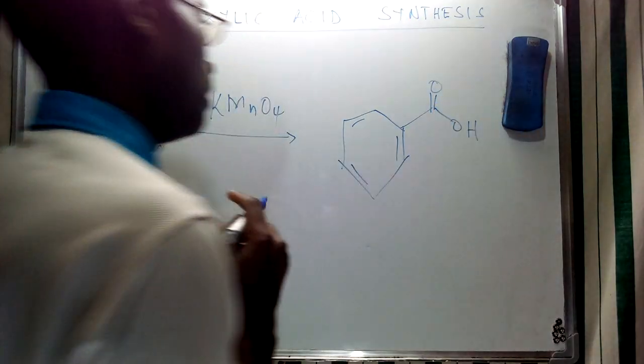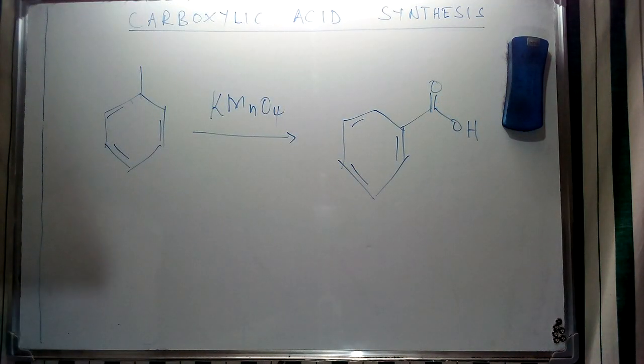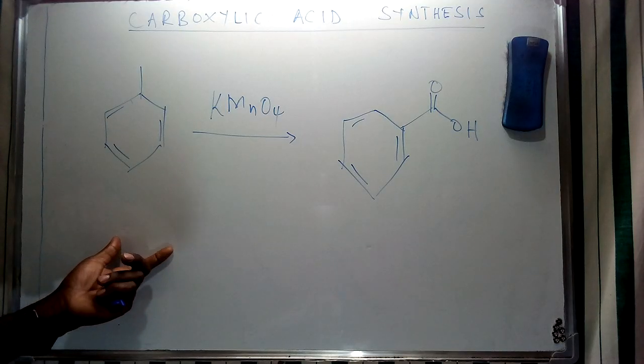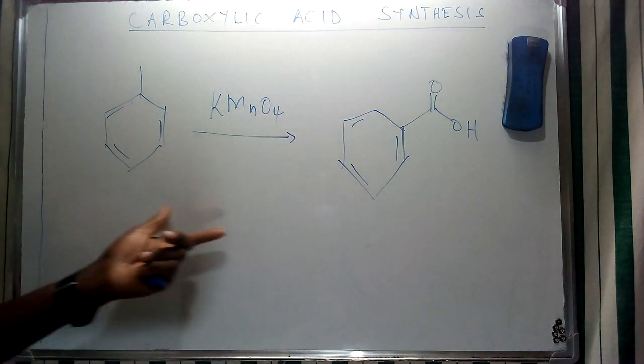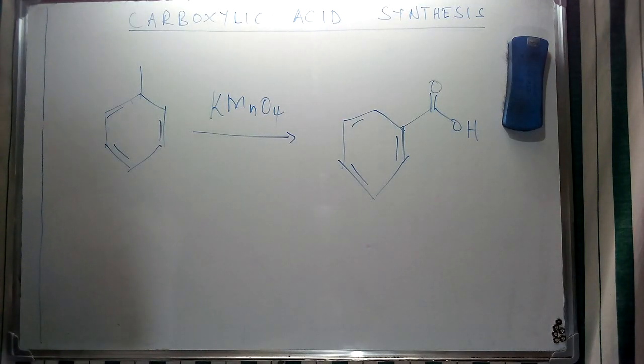So this is one of the ways in which we are going to achieve what we refer to as carboxylic acid. And as I said, I'm going to use an illustration from another video to show the reaction mechanism.